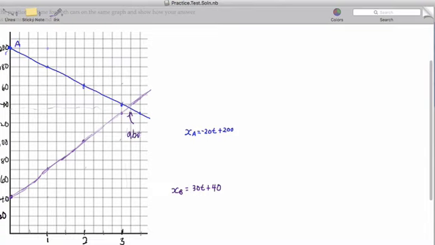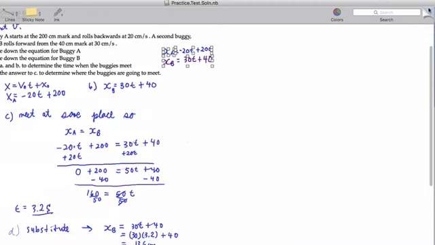So about 3.2 and 136 is our intersection. And 136. So this graph definitely validates what our equations got us. So that is the answer to question number 6.